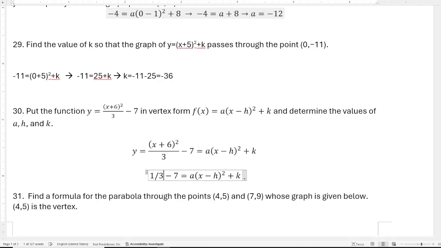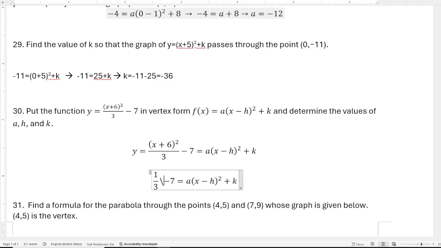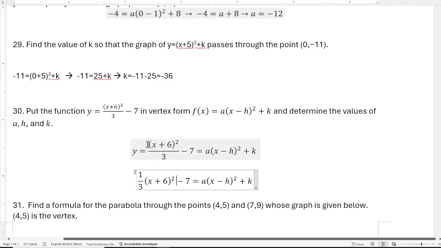See, 1/3 times (x plus 6) squared is the same thing as dividing (x plus 6) squared by 3. So multiplication by 1/3 is the same as dividing by 3. Once you do that, then you can easily see that 1/3 is a, negative 7 is k, and, well, it's plus 6, whereas this is minus 6.